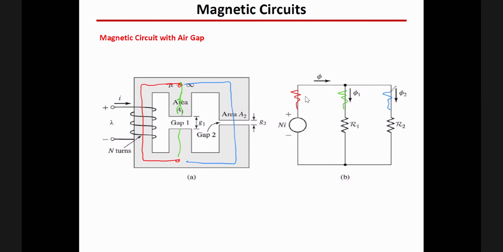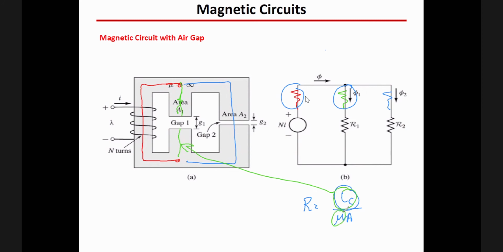What will be now the difference? How can we calculate, for example, this reluctance here or this reluctance here? Well, we know the equation, which is l_c over mu A. So for the central leg, the green one, we need to find the average length of this leg.